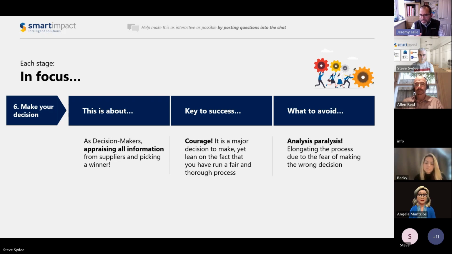Quite often I see organizations undertaking this process, and after all the work they've gone through, not being able to make a decision, a kind of analysis paralysis with all the information that they're trying to consume.